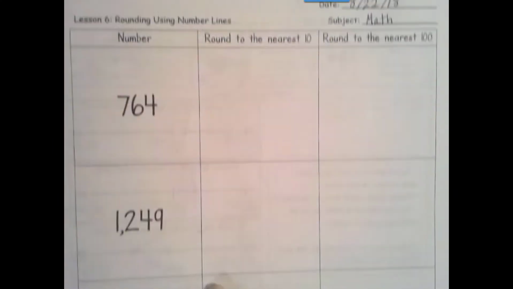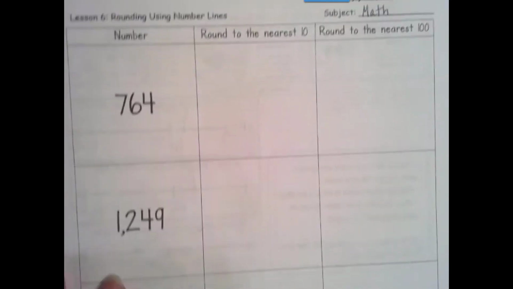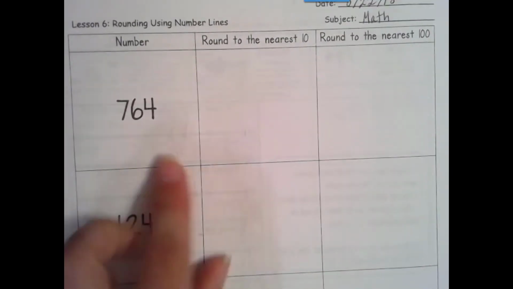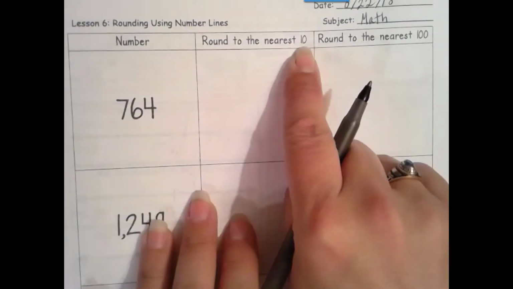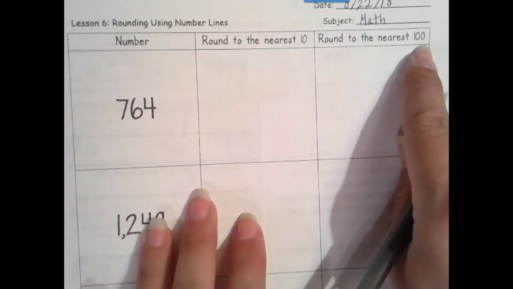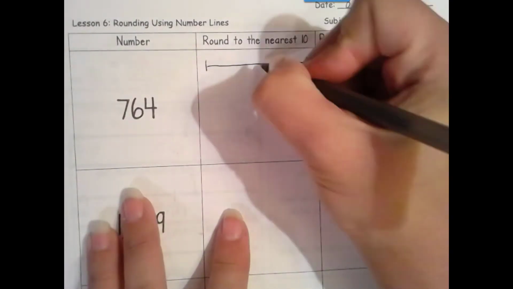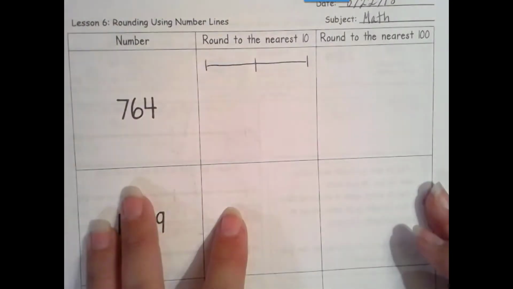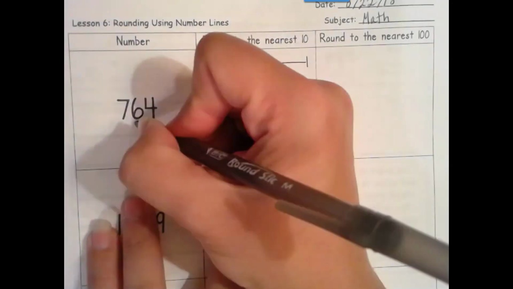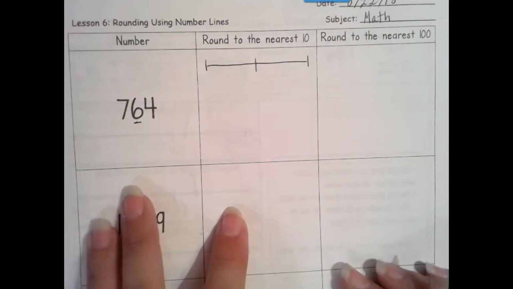Okay, now we're going to practice our rounding. So here's our number, and in this column we're going to round to the nearest 10. In this column we're going to round to the nearest 100. So first we're going to make our number line. So the nearest 10, we have 6 there.